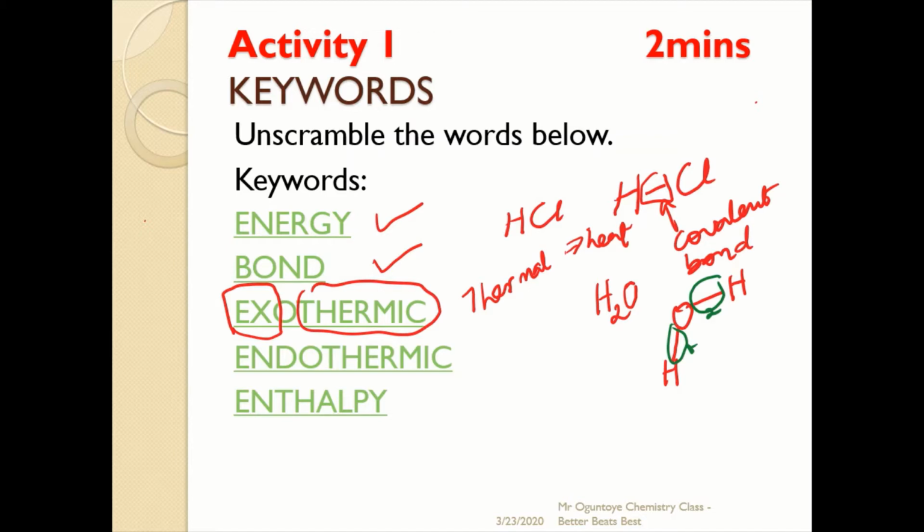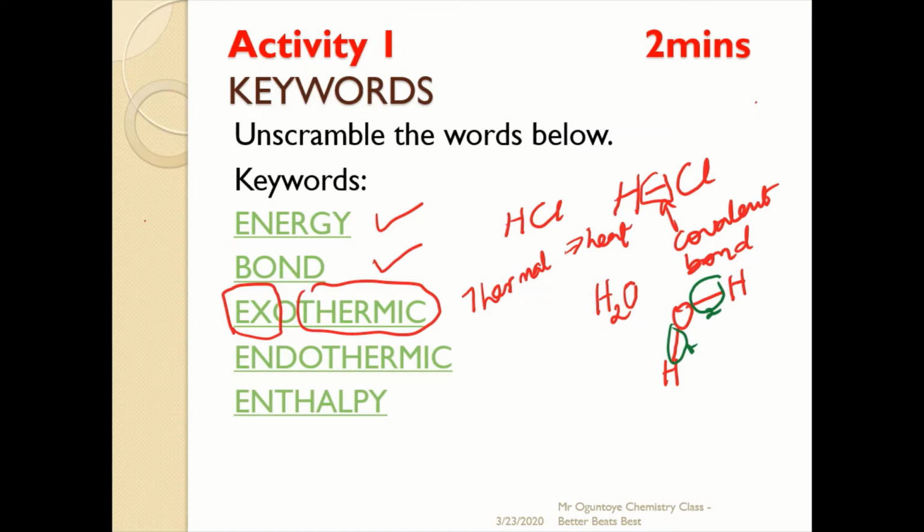When you say endothermal, you're simply saying heat energy on the inside, or taking in heat energy. Exothermal means releasing heat energy outside, pushing heat energy outside.